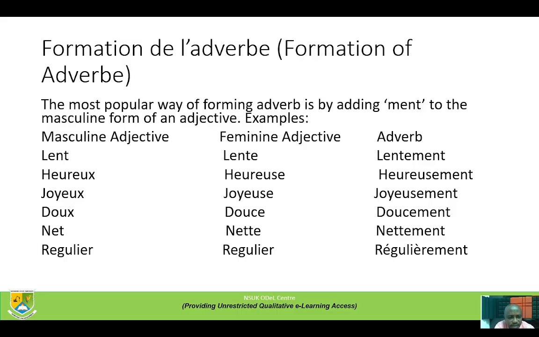Heureux. The feminine form is heureuse. Then the adverb is heureusement. Joyeux. The feminine form is joyeuse. The adverb is joyeusement. Doux. The feminine form is douce. The adverb from douce is doucement.